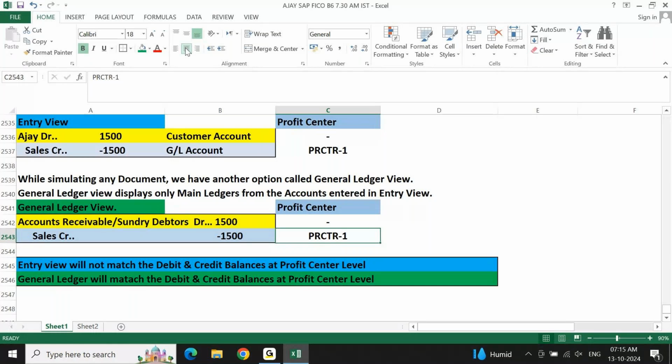Do not make any changes in the document splitting. It is a client level one-time setting only. When we say it is a client level one-time setting, nobody is supposed to touch that configuration in any project. If you change that configuration, your company will remove you from the job. Changing a document splitting configuration is equivalent to changing your job. The company will simply throw you out.